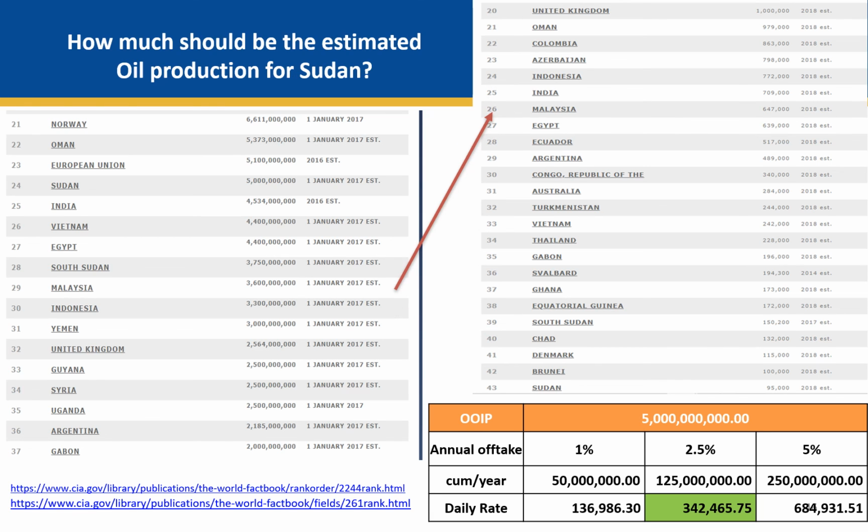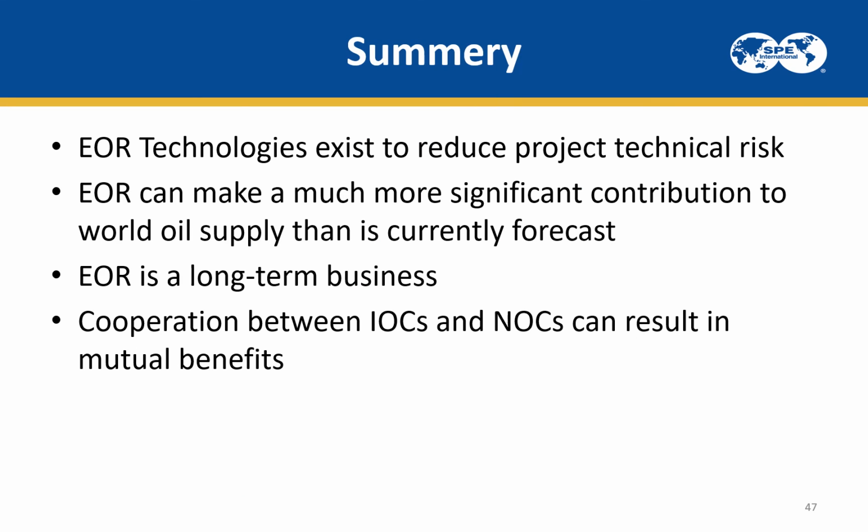So many examples, I can show a lot of examples of countries achieving this annual offtake, and this production can be achieved. And I hope this will be considered, especially by management. So finally, as a summary, EOR technologies exist to reduce the project technical risk, and EOR can make a much more significant contribution to the world oil supply, even better than currently forecasted, and also will be a significant contribution for Sudanese oil fields as well.